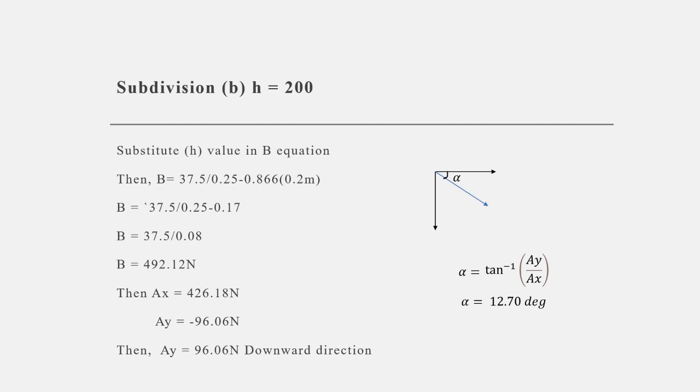By taking this and putting it in the Ax and Ay equations, we get Ax equal to 426.18 newtons, and Ay equal to negative 96.06 newtons. Negative means the direction will be downwards, as we can see in this diagram. Then, as this is a downward direction, alpha is equal to tan inverse of Ay by Ax. Alpha is equal to 12.7 degrees.